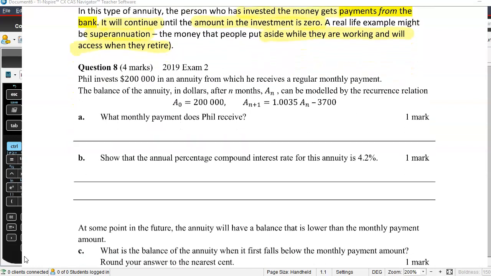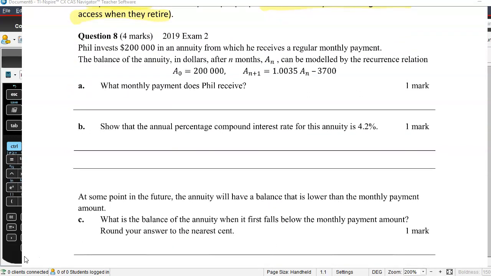So let's look at an exam question, this time from the 2019 exam 2, question 8 from that module. Phil invests $200,000 in an annuity from which he receives a regular monthly payment. The balance of the annuity in dollars after n months, A_n, can be modelled by the recurrence relation.